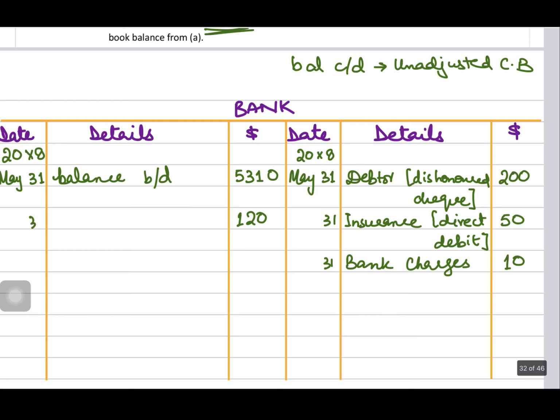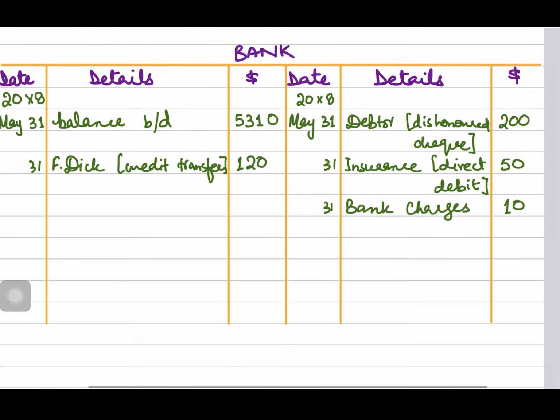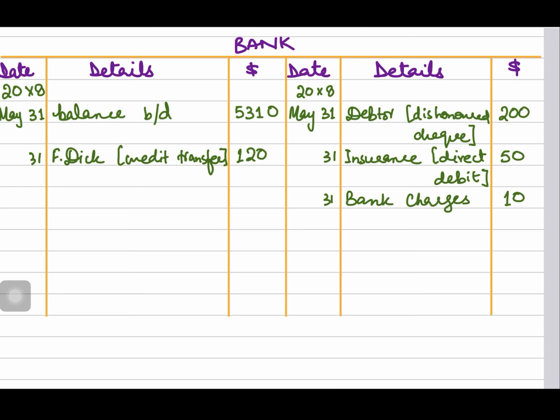So 120, same date, the name of the debtor and reference credit transfer. That's it. So now we have to adjust the cash book and we have to extract a balance carried down, which will be on the credit side, of course.